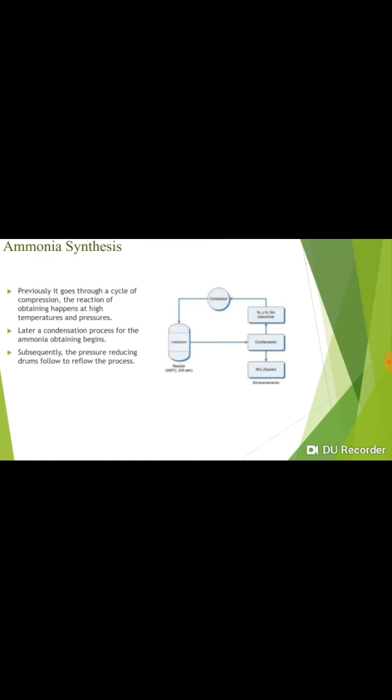The ammonia synthesis. Previously, it goes through a cycle of compression. The reaction of obtaining happens at high temperatures and pressures. Later, a condensation process for the ammonia obtaining begins. Subsequently, the pressure reducing drums follow to recycle the process.